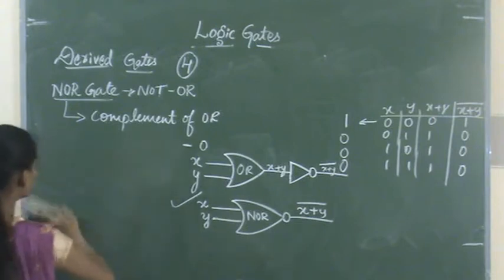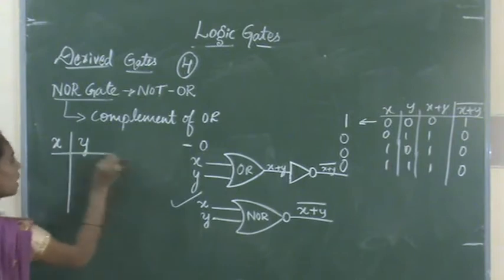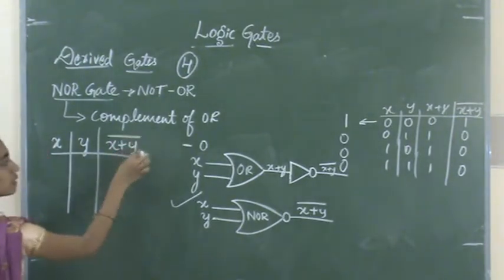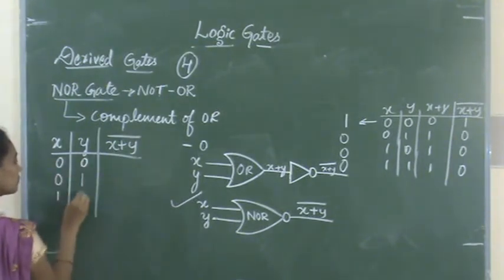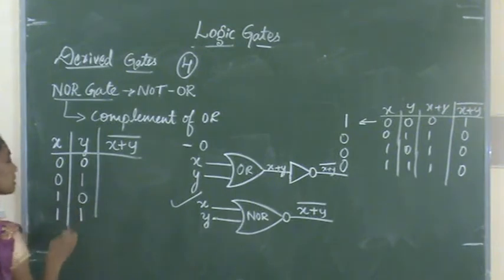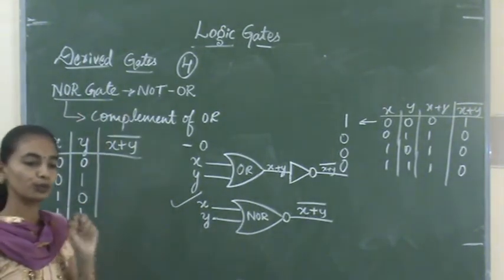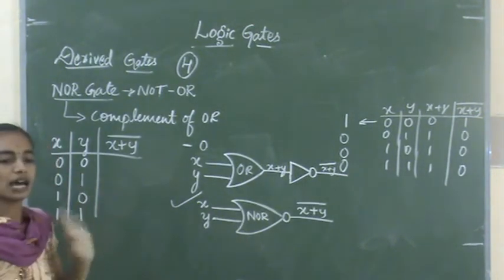How to represent the truth table for the NOR gate? If I am providing X and Y as the two inputs, the NOR gate X plus Y whole bar works like this: the NOR gate produces the output 1 when both inputs are 0.